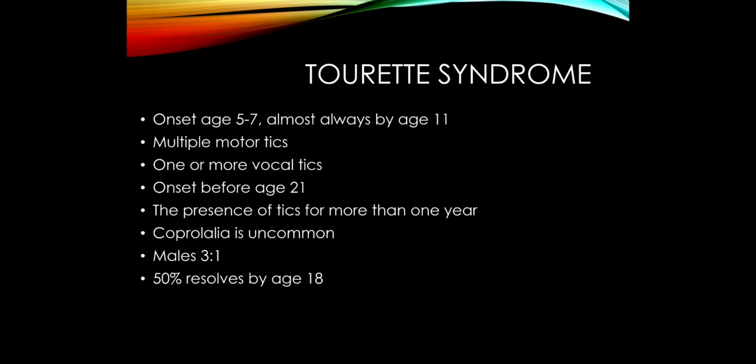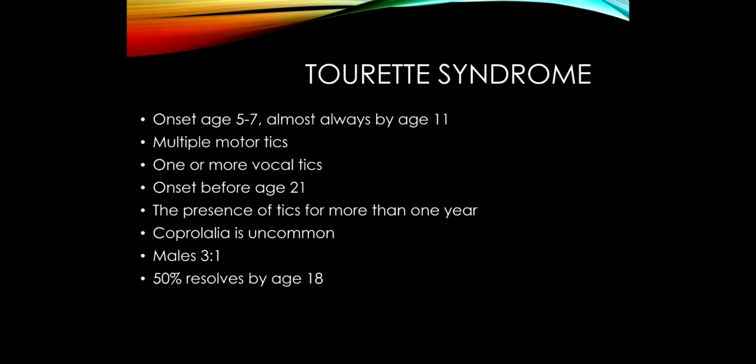It may be a kicking movement with a leg, the arm flailing out, jerking neck movements or facial movements. What's often really helpful to suggest this is Tourette's is that they also almost always have vocal tics. This can take many different forms: throat clearing, lip smacking, sniffing, grunting noises, or other vocalizations. So it's motor and vocal tics.